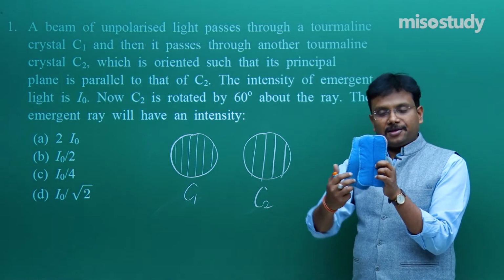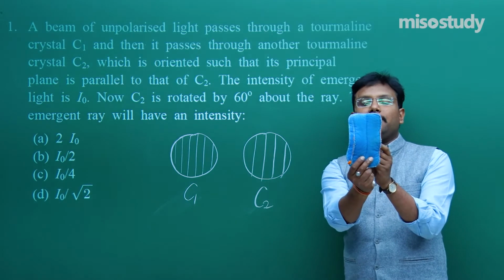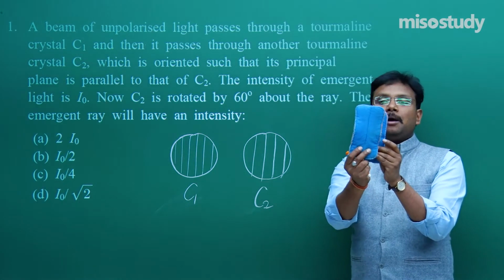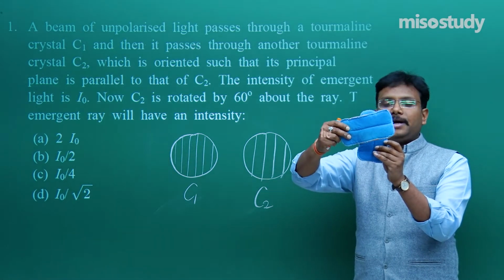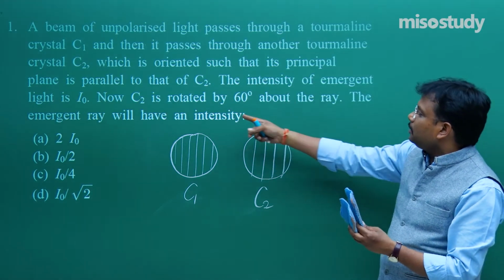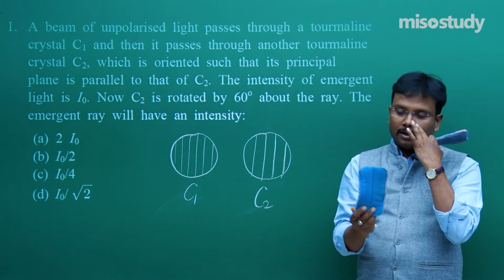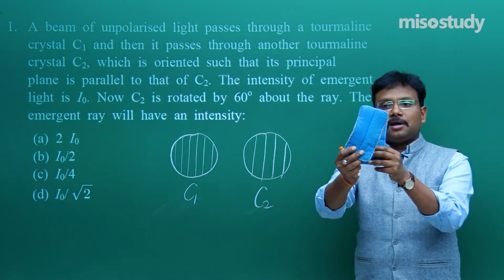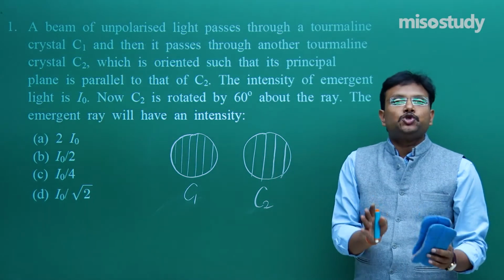You can place them like this, so you get the light coming from my face side, but now I am rotating it. What will happen? The axis is changing. So, in the second statement, rotated by 60 degrees means one crystal is rotated with respect to the first one. Initially it is like this, then it is rotated like this. So, we have to examine these two conditions.